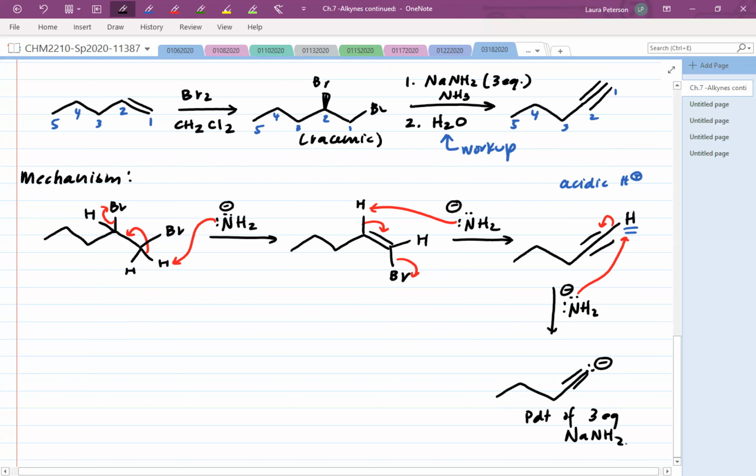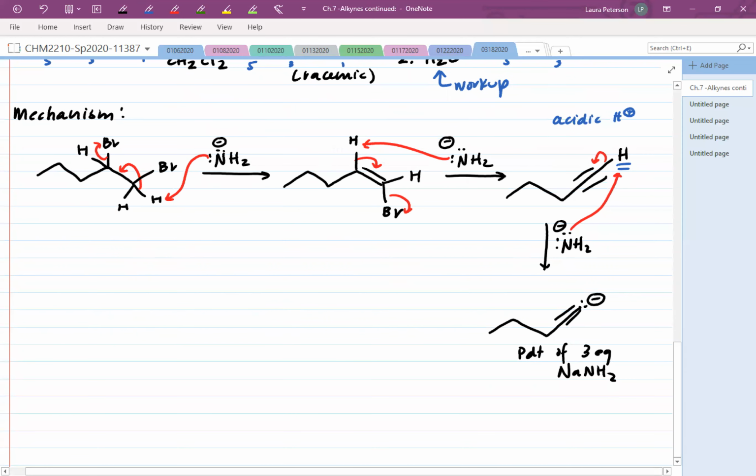If you want the terminal alkyne with the proton attached, then you need this workup step. Workup usually means that you're doing some acid-base step to get to your neutral product that you want. So this would be our H2O, our workup step, and that gets us back to the terminal alkyne, as we'd want.